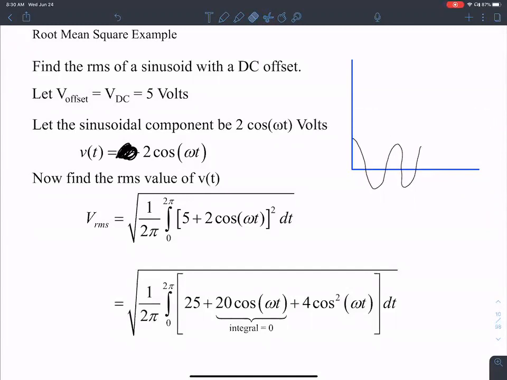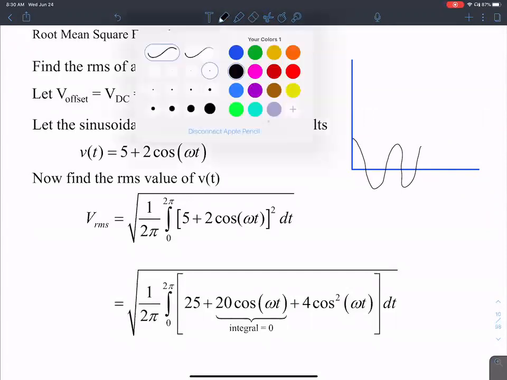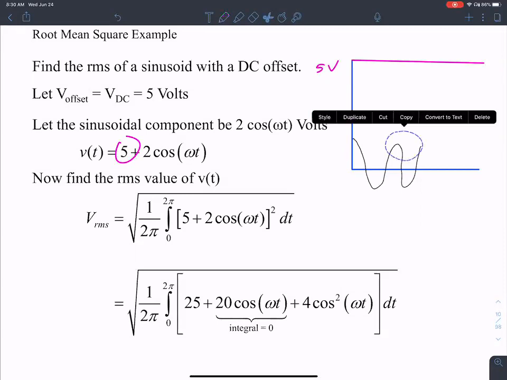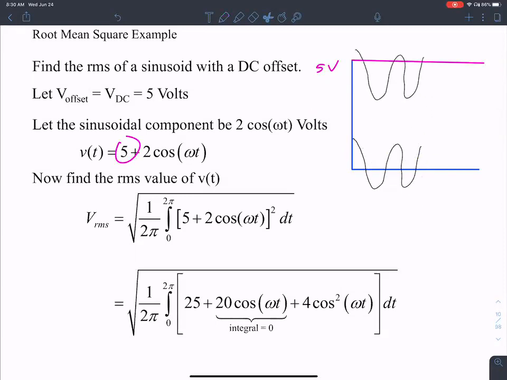Now, if I have a DC offset, what it does is it provides a DC value of 5 volts on top of which this cosine wave is riding.